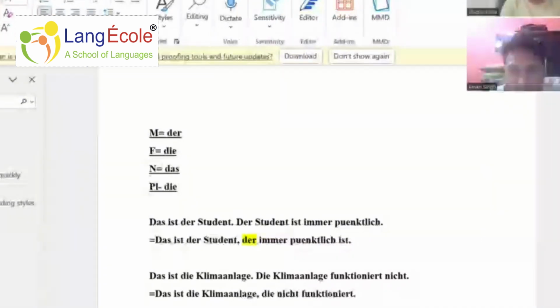Öffnen Sie bitte Seite Nummer 115. Not a question number, but just focus on this yellow box. Fokussieren Sie sich auf diese gelbe Kaste.